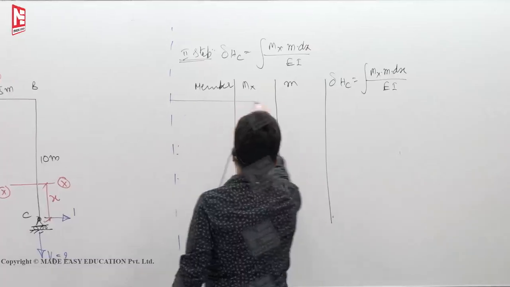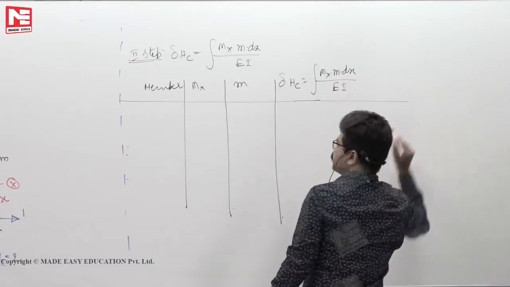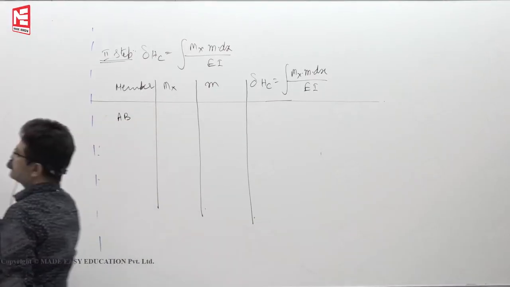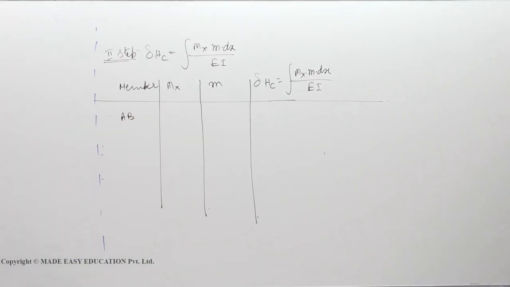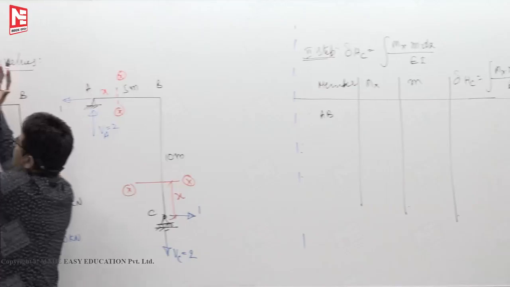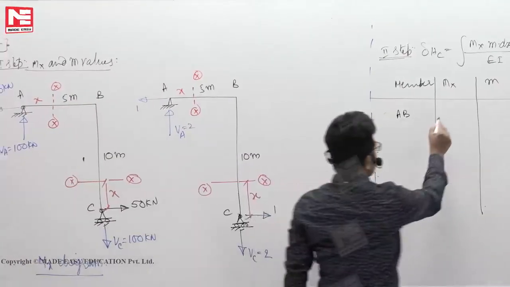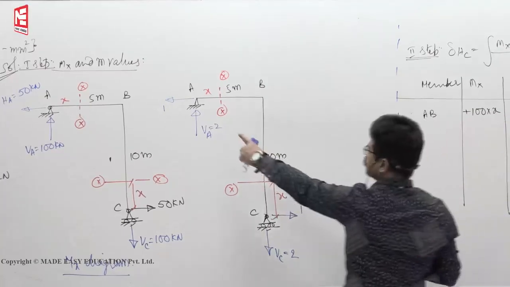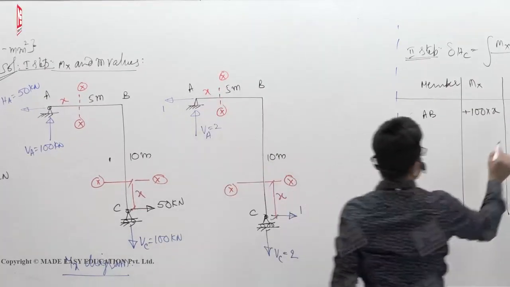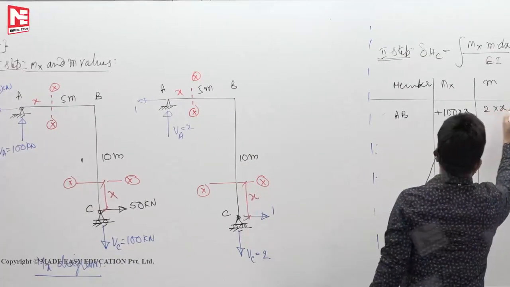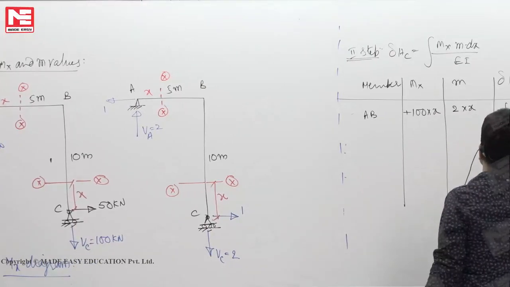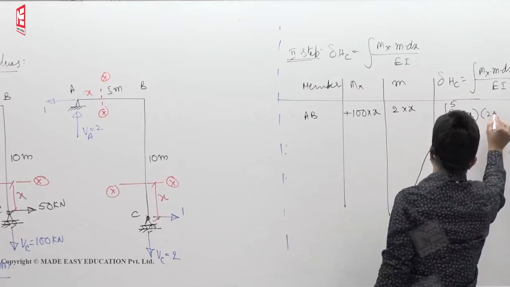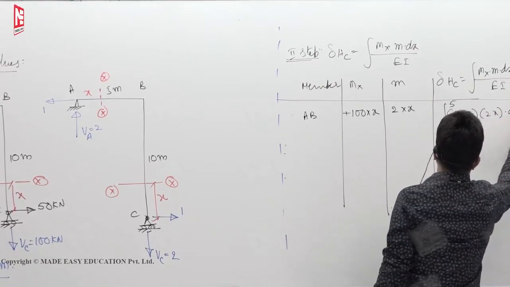Once they asked in GATE, it has a 2 marks question. So first you take the AB member, stand at x, look left side. 100 into x, stand here, 2 into x. Limits of integration are 0 to 5 meters. 100 into x into 2x dx by EI.